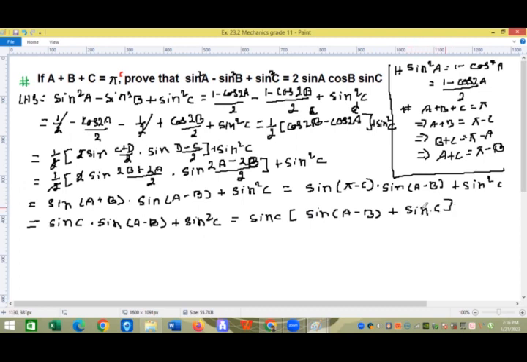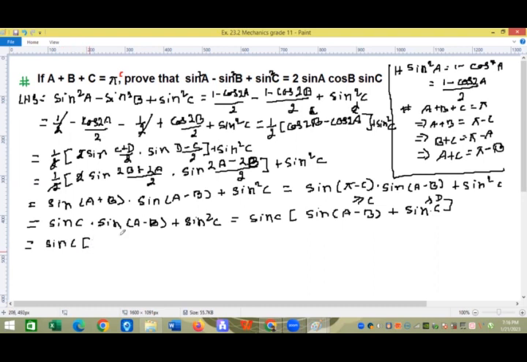Now again it is in the form of sine C plus sine D. So you can suppose the whole thing as C and the whole thing as D, not this C. I'm talking about the pattern. So this is in the pattern of sine C plus sine D, and you know the formula, so let's write it for better understanding.